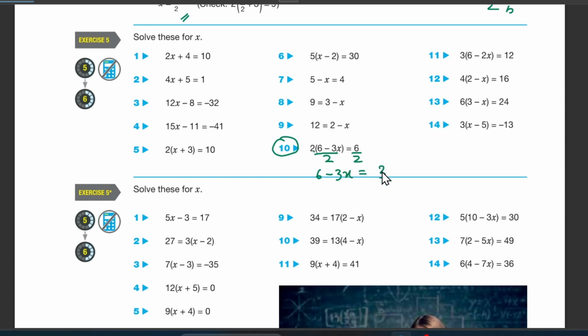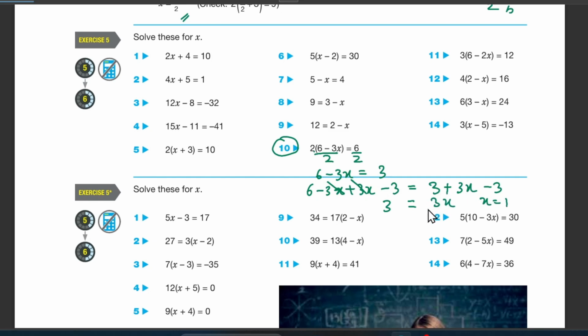So I'll add 3x to both sides and subtract 3 from both sides. Okay, so now I'll be left with this. So the answer for x equals 1.